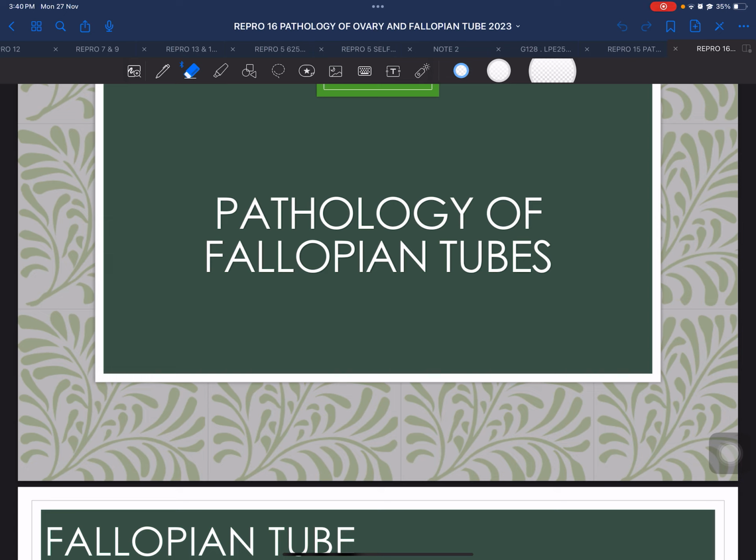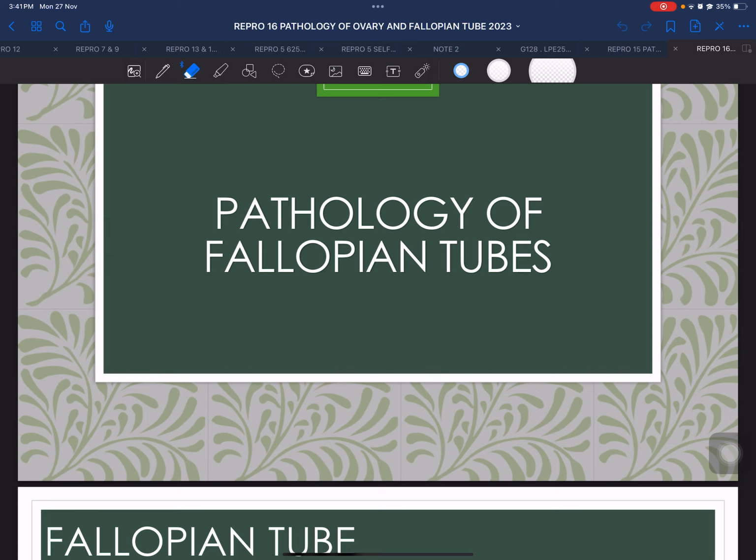So they are divided into a few parts along the length of the fallopian tube. You have the fimbrial end, which is close to the ovary. You have the infundibulum, the ampulla, and the isthmus. All right. So what are the common diseases of the fallopian tube? Okay, neoplastic processes are not that common in the fallopian tube, but inflammatory processes are common.